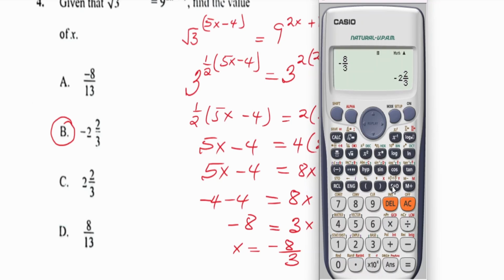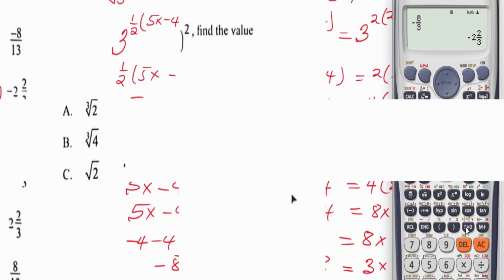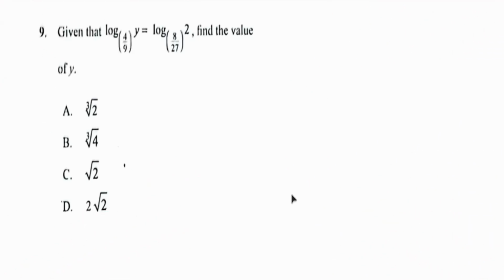We move to the next question, which is question 9. Question 9 reads: given that log y to the base 4/9 equals log 2 to the base 8/27, find the value of y.